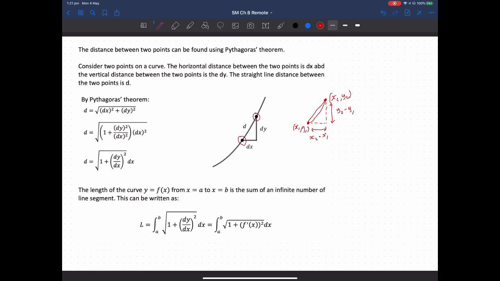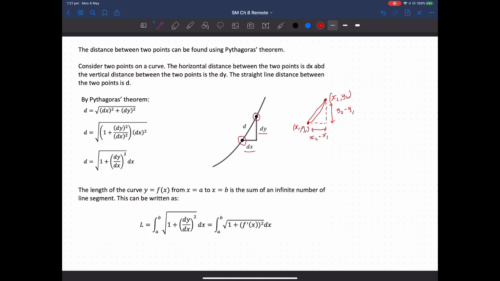So our x2 minus x1 is going to be a small change in x, which we have called dx. Our rise, our change in y, is going to be a small change in y, which is what we've called dy.